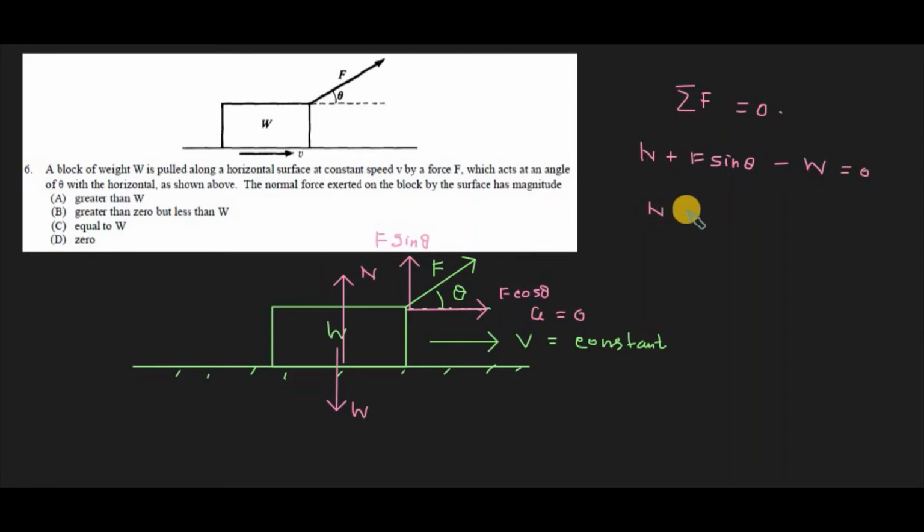Now from here, N equals W minus F sine theta. So we can conclude that a certain component of the applied force is subtracted from the weight of the object. That means the magnitude of the normal reaction force is definitely less than the weight, but it should be more than 0. So option D will be considered: greater than 0, less than W.